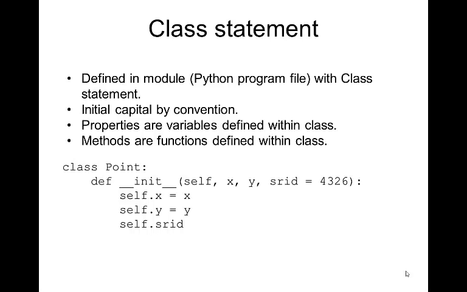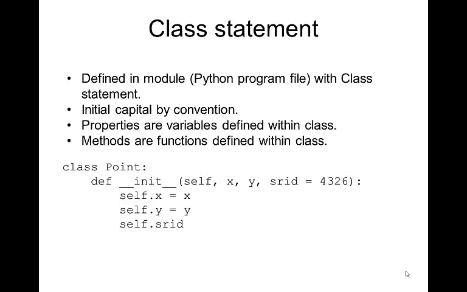So class Point. Here we define our point object simply as class Point, colon. Then we define a function. This is how we define a function in Python, called __init__. It's a very funny name. This function is what runs when you create a new instance of the class Point.